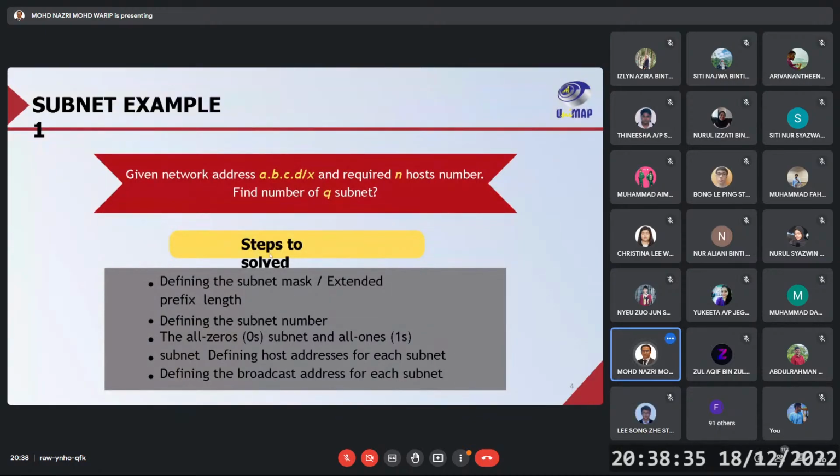The steps involved: number one, you need to define the subnet mask and extended prefix length. Second, define the subnet number. Third, the all-zeros and all-ones subnets must be taken into account. Then define the host addresses for each subnet, and also define the broadcast address for each subnet. So these are the steps. You cannot miss a step.